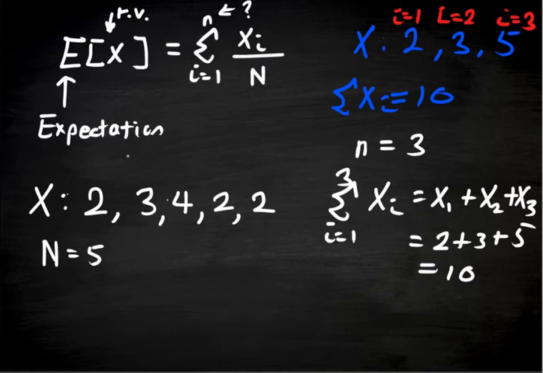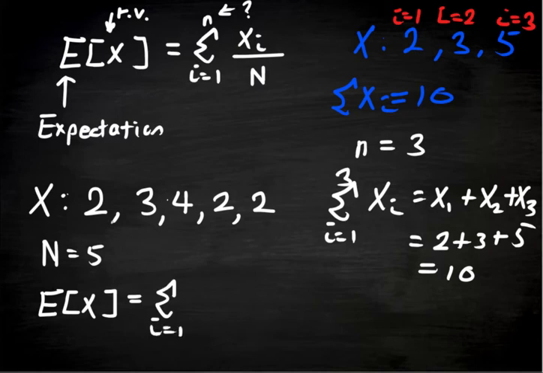n equals 5. Now let's set up the expectation here. So E(X) equals the sum of i equals 1, and remember, the top of the sum, the n in this case, is the sample size. The sample size of our data points is 5. xi divided by, and once again, we have n, the sample size, so it's xi divided by 5.